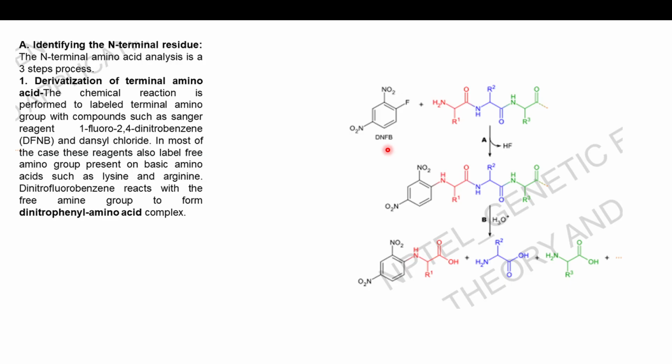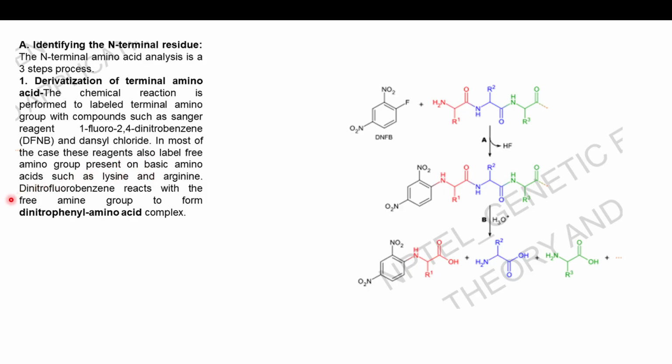Basically, it has two NO2 groups along with a fluorine attached to the benzene ring. In most cases, these reagents can also label free amino groups present on basic amino acids like lysine and arginine. In the side chains of lysine and arginine, you have multiple NH2 groups as well. So those can also be labeled by reagents like DNFB.